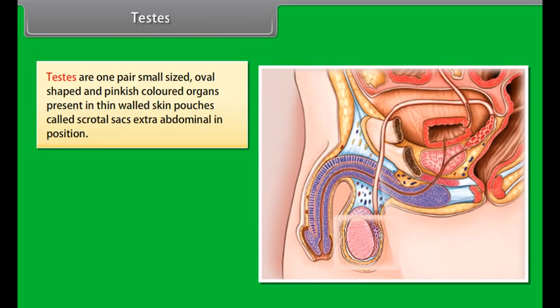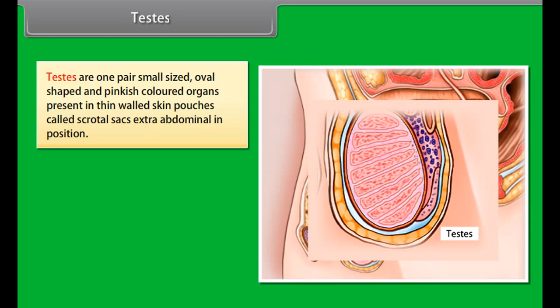Testes are one pair of small-sized, oval-shaped and pinkish-colored organs present in thin-walled skin pouches called scrotal sacs, extra-abdominal in position.